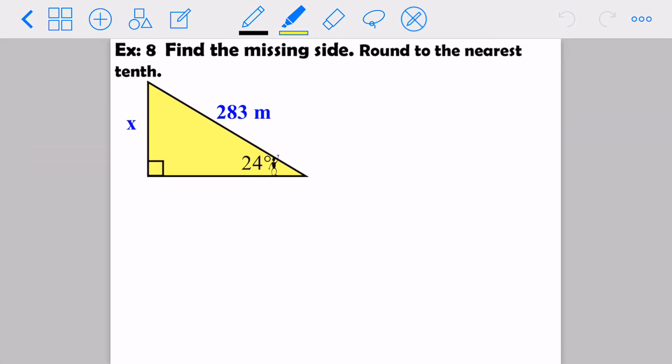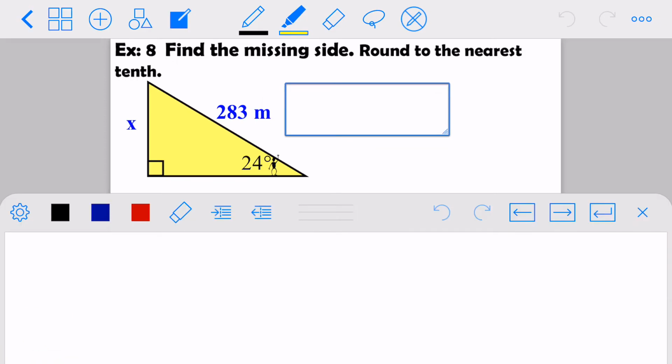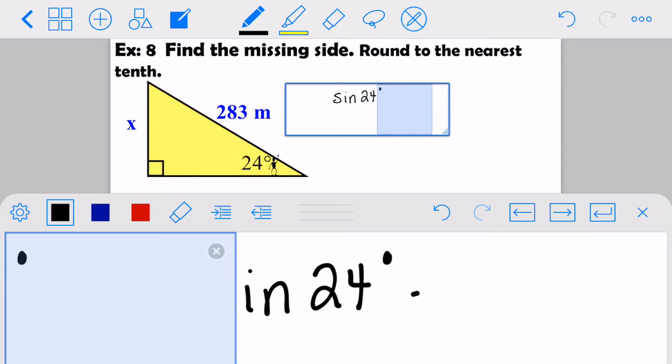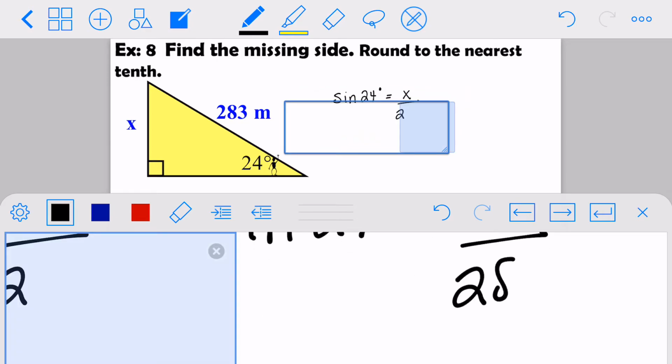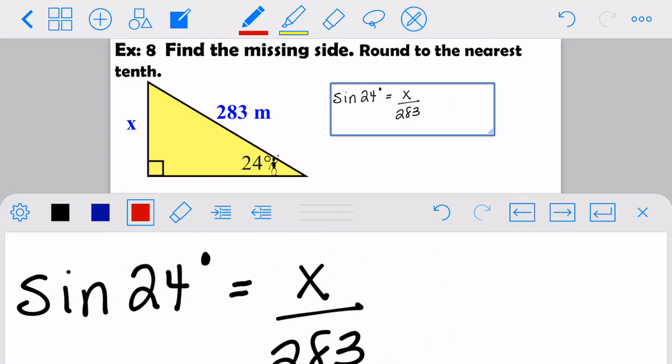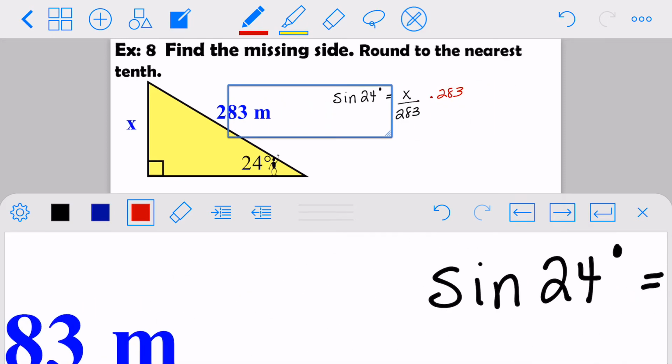All right, this one is going to be a sine, and I think I'll just set it up for you because you guys would be able to do it; it's the same thing that we've been doing, except this time it's going to be sine. Because we're given opposite over hypotenuse, we have sine of 24 degrees is equal to your opposite, x, over 283, which means we have to multiply 283 to both sides.